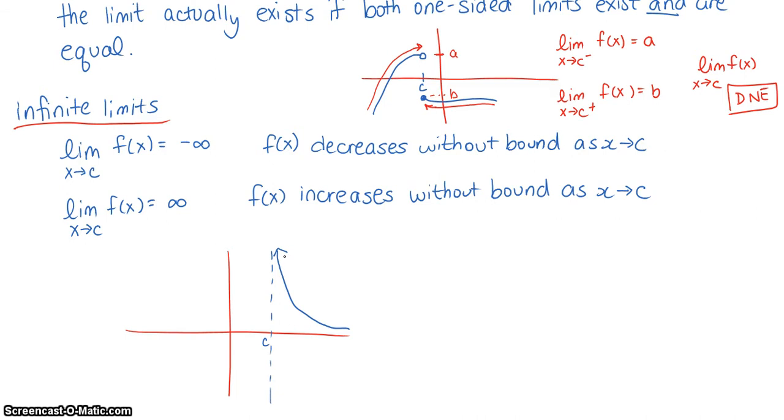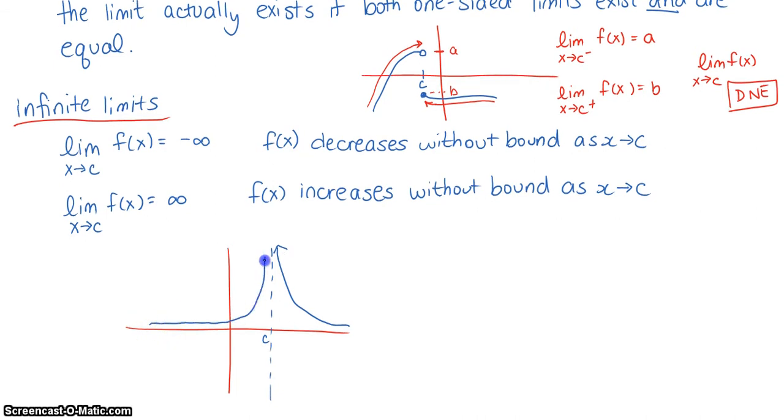Now, again, you want to consider the functions and say as you're approaching C, the left-hand limit and the right-hand limit have to be approaching the same value. Now if you notice here, C is an asymptote. This one's going to shoot up to infinity, this one's going to shoot up to infinity.